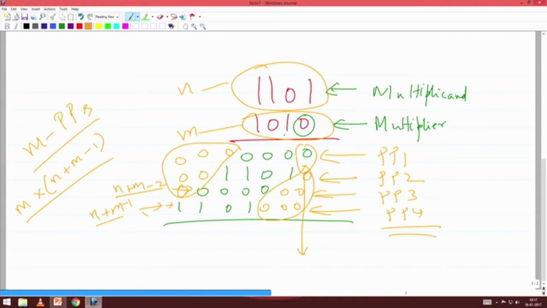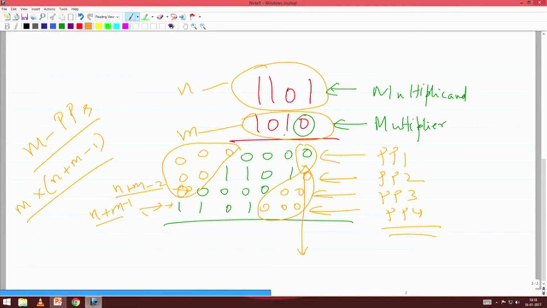Any doubts? So I generate partial products and I sum them. The way I generate a partial product in binary arithmetic is to take a bit and AND it with the bits of the other operand, and keep doing it for every bit of the multiplier, and then sum it up with the necessary left shifts. Fine?